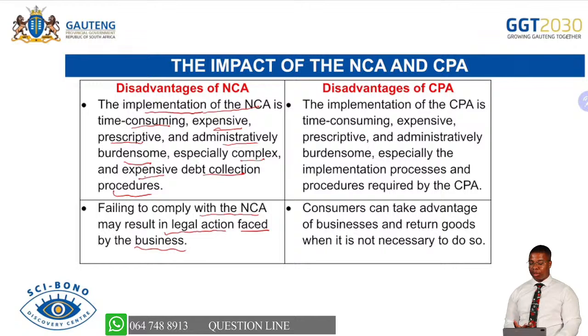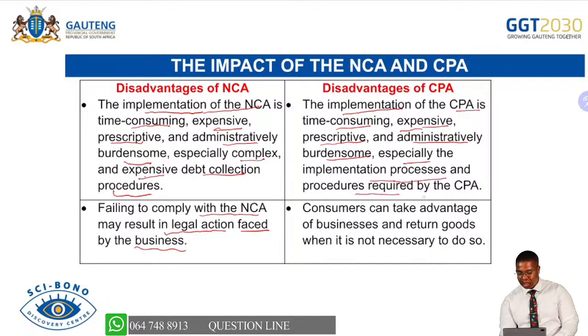When you look into negatives according to the Consumer Protection Act, the disadvantage is that the implementation of the Consumer Protection Act is also time consuming, it's expensive, and prescriptive and administratively burdensome, meaning it will take time and it will be expensive to comply, especially the implementation of processes and procedures that are required by the Consumer Protection Act in terms of advertising, in terms of being responsible for the stock, and so many other issues that are considered in the process of trading with the consumers.